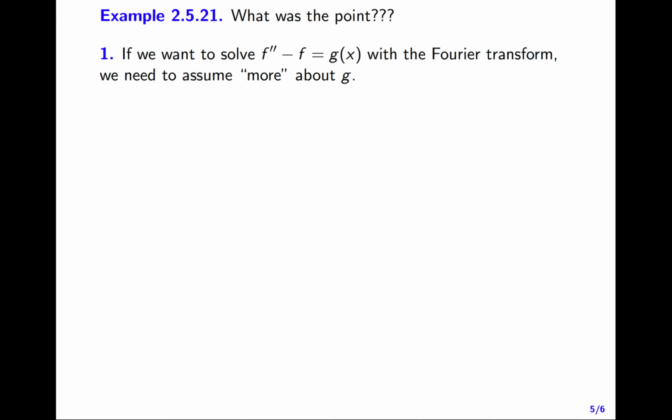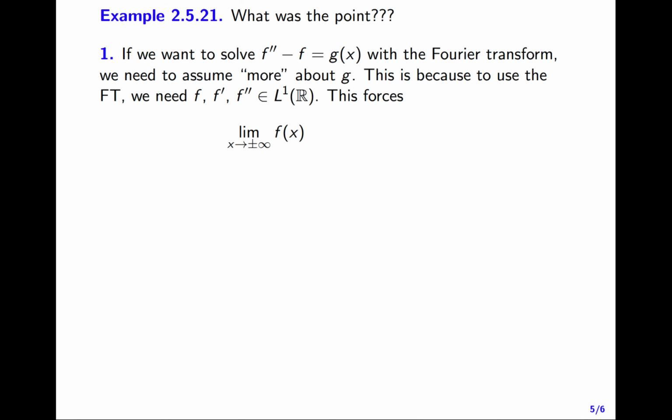If we want to solve this differential equation, f double prime minus f equals g of x, with the Fourier transform, we need to assume more about g than g just being continuous, which suffices for variation of parameters. This is because to use the Fourier transform, we need the derivatives f, f prime, and f double prime to all be in L1. It turns out that if you want f, f prime, and f double prime all in L1, you need some decay on f.